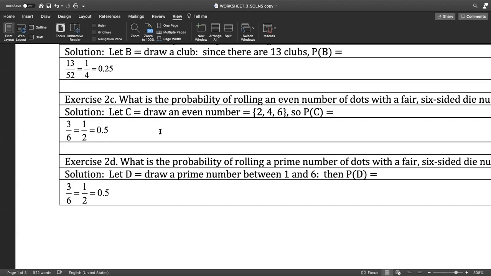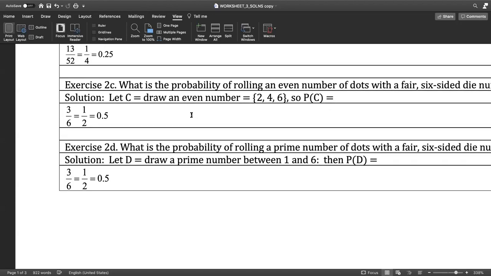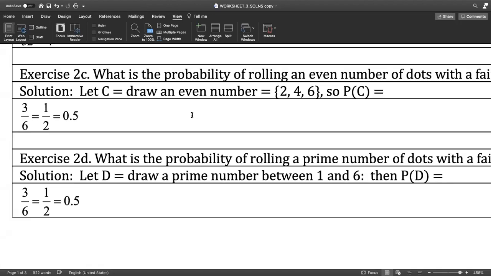If I want the probability of an odd, I simply subtract the probability of the even from 1, because odd is its complement, and that gives me the probability of the odd numbers. In this problem, it's pretty obvious, but I just want to give you the heads up because we will use the notion of a complement from time to time.